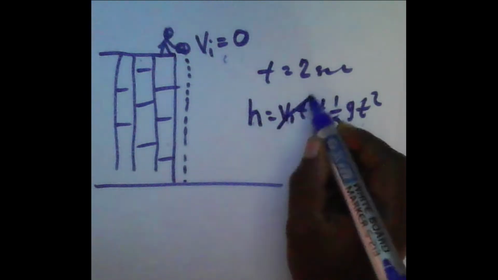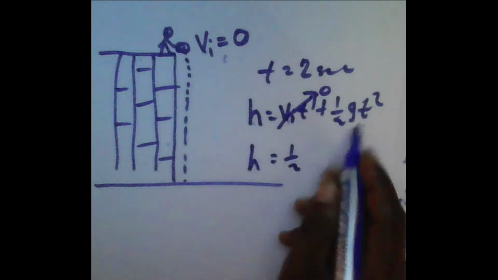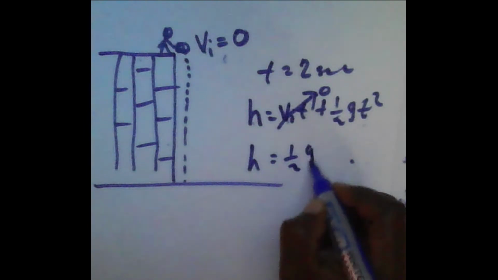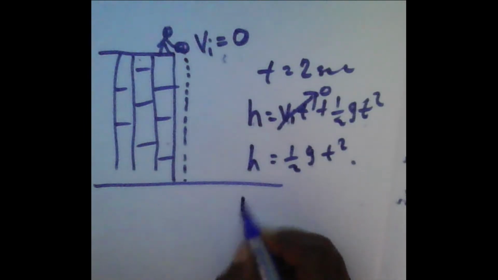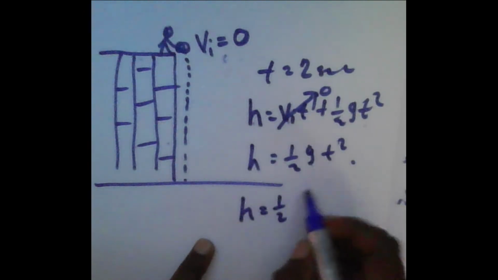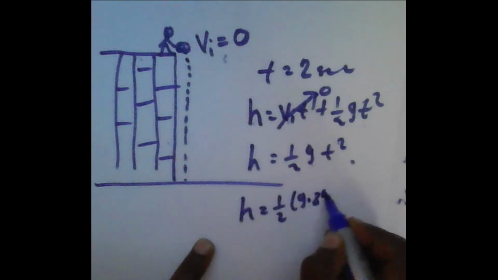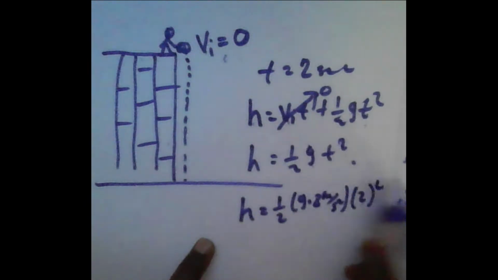The initial velocity is already 0. So h is equal to half, then you have to consider the acceleration due to gravity times t square. The time is 2 seconds, so the height of the building is equal to half multiplied by 9.8 meter per second square multiplied by t square, which is 2 square, which is 4.